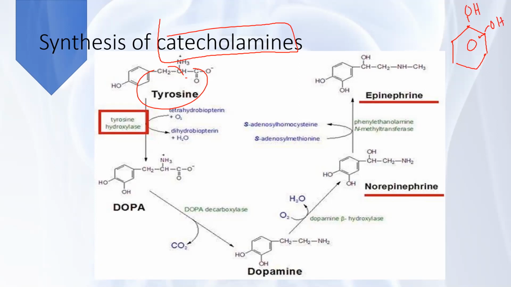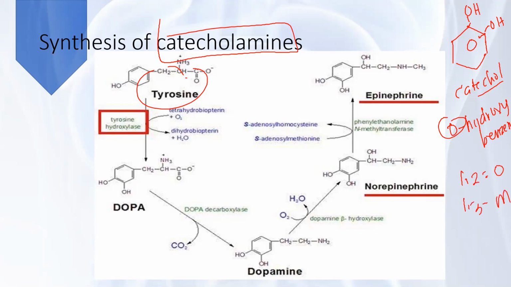This is your catechol. Sana natatandaan nyo pa siya sa Chem 1. Siya yung catechol, 1,2-dihydroxybenzene. Or ano yung other name for catechol aside from 1,2-dihydroxybenzene? Correct? The orthohydroxybenzene. Ba't ortho? 1,2 ortho, 1,3 meta, 1,4 para.